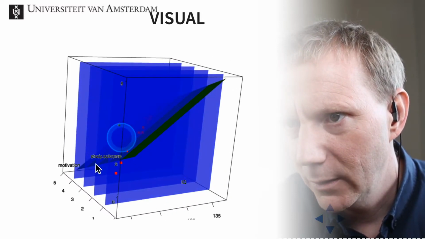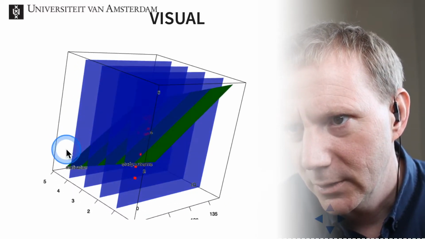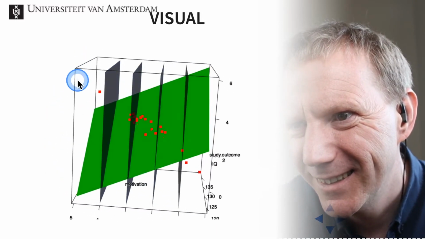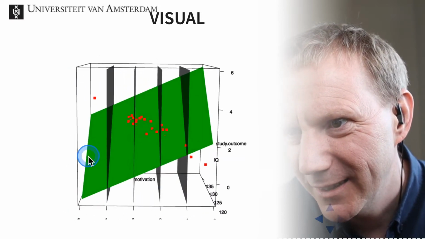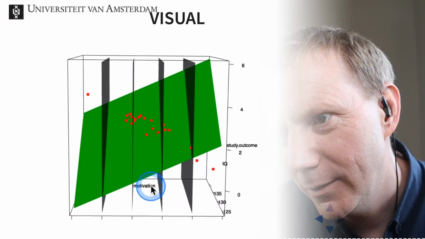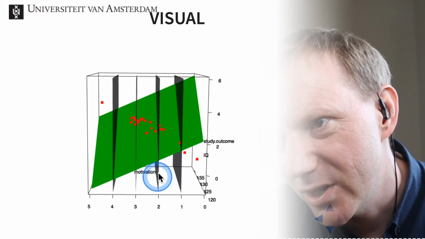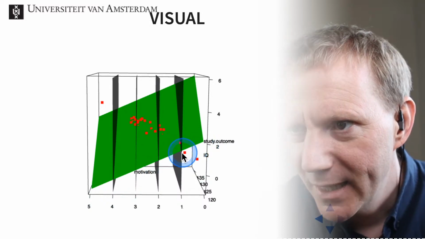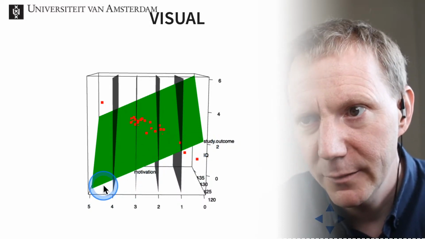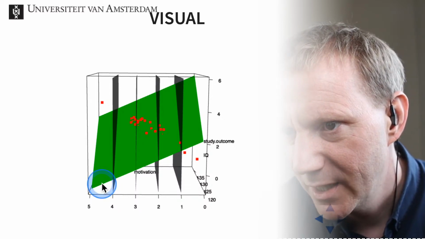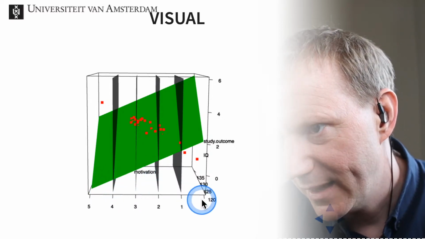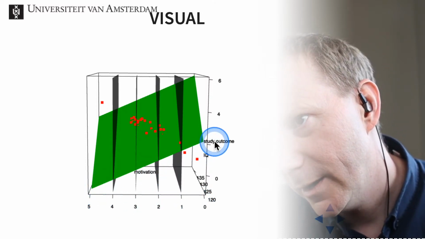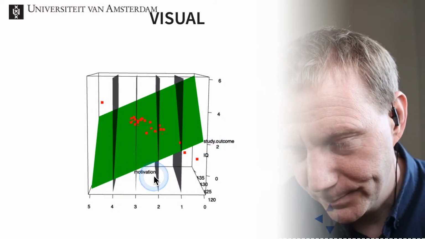And if we look at the other direction, you see the relation between motivation and study outcome, and the slope again here was negative. It was a negative 0.6. So we see that the higher the motivation, the lower the study outcome is.